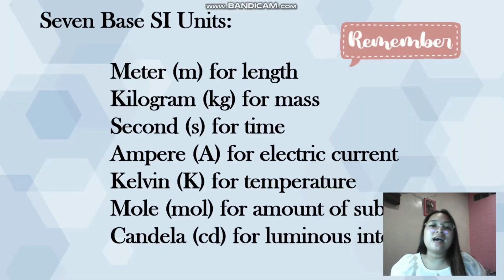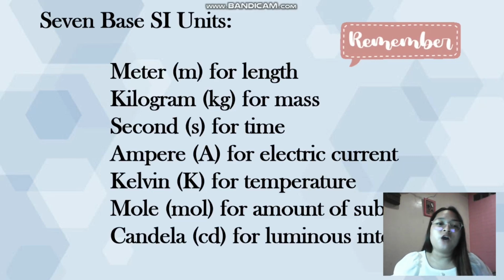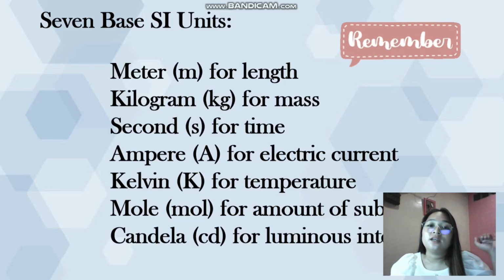Now, let's have a short recap. Okay, now settle down, class. Arrange your chairs and listen again, okay? Now, let's have a short recap. The 7 base SI units, remember, are meter, kilogram, second, ampere, Kelvin, mole, and candela.